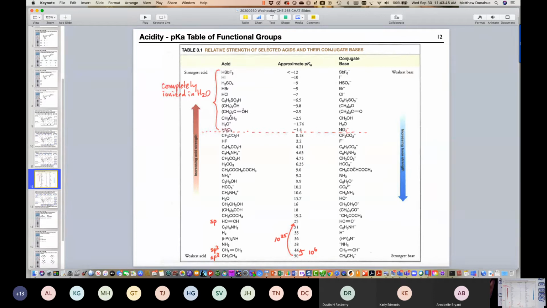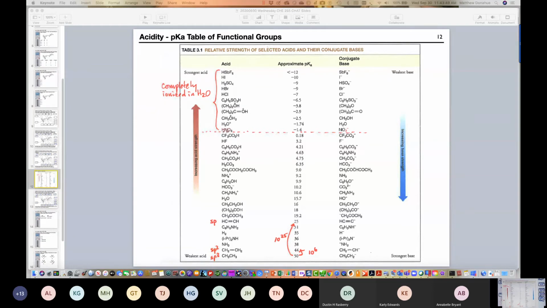So the pKa scale is typically, as I wrote in the chat, that's the scale we're working on. Sort of 50 up to -10. You can sort of think of this as NMR.